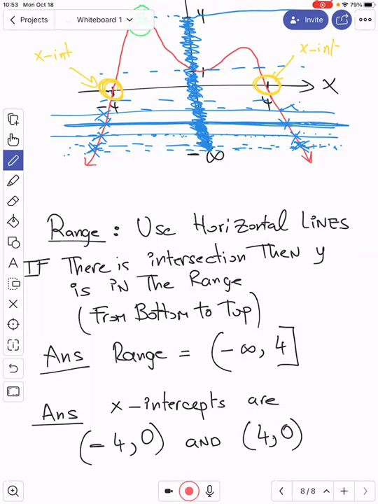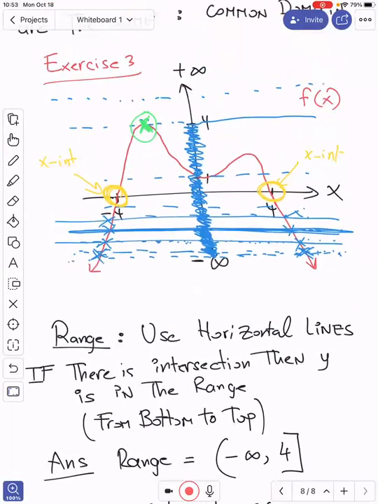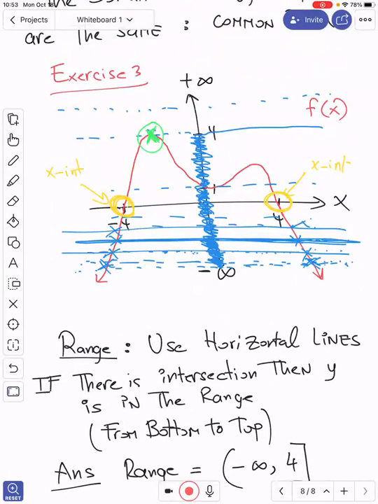The y-intercept, guys, is the intersection of the graph with the y-axis. The y-axis is the vertical axis, right? This is my y-axis. Let's pick a different color, green. As you can see, we do have an intersection of the graph with the y-axis, and the intersection is at y equals 1.